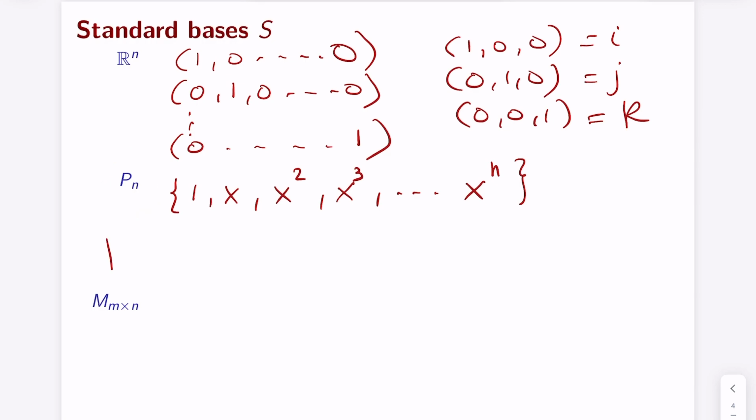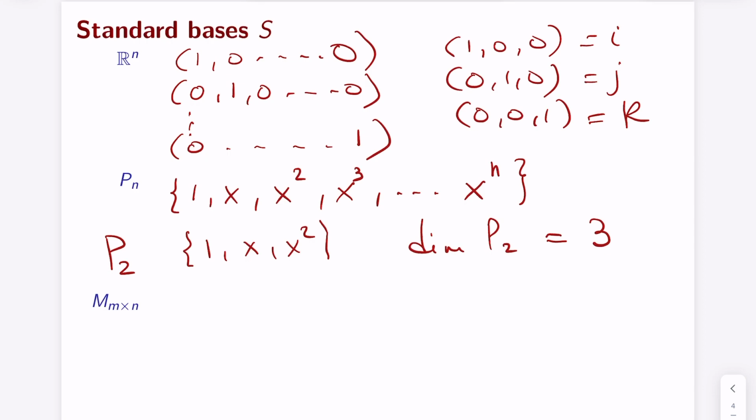So for instance, the vector space P2, the vector space of the polynomials of degree less than or equal to 2, has basis 1, x, x squared. So in particular, 3 elements in the basis, right? That means that the dimension of P2 is 3.